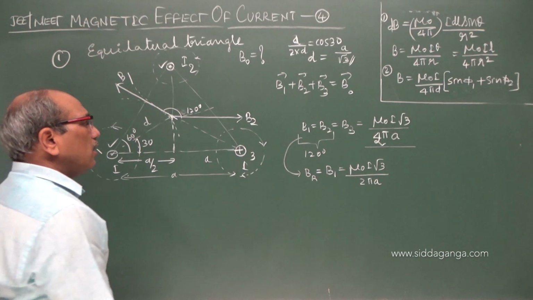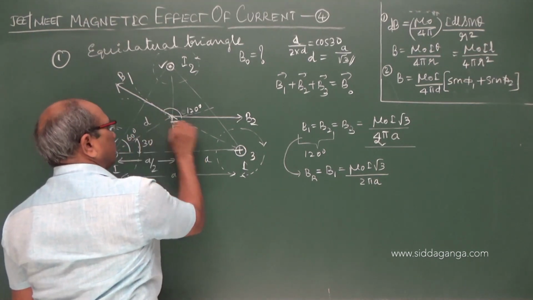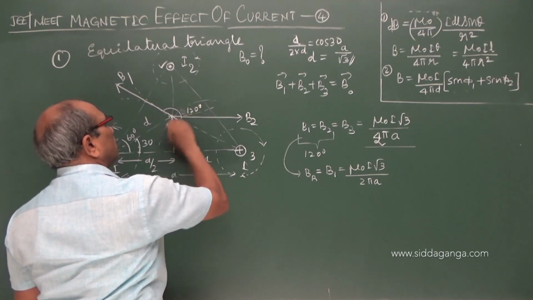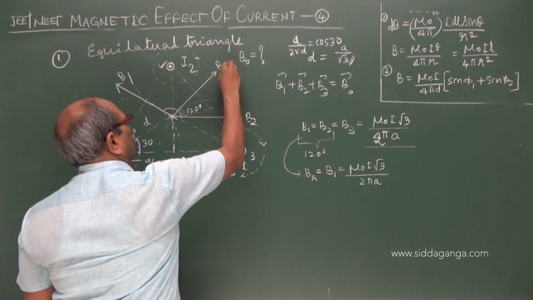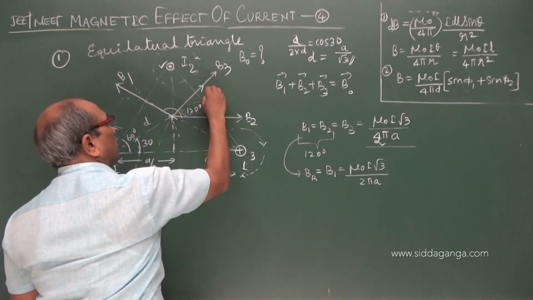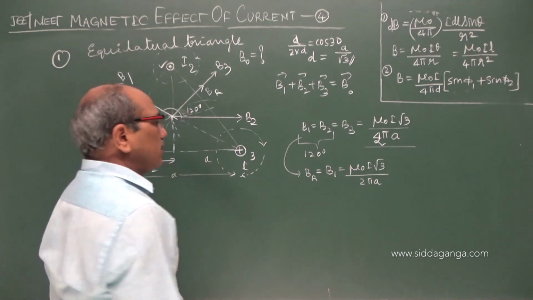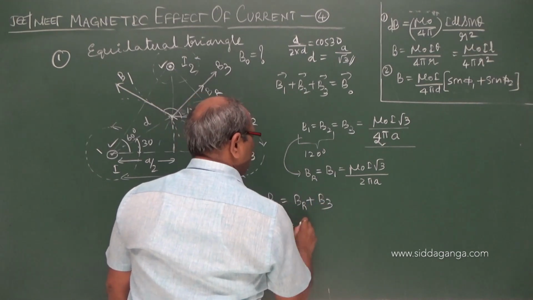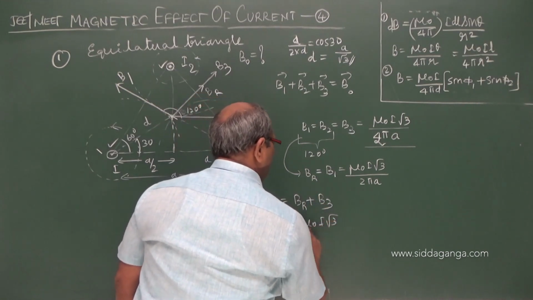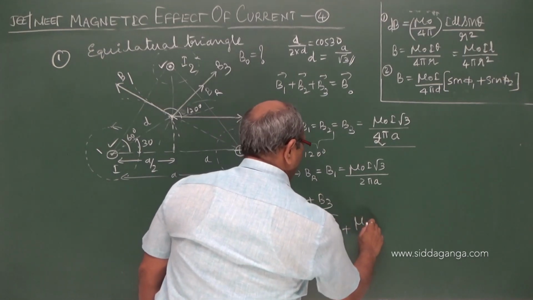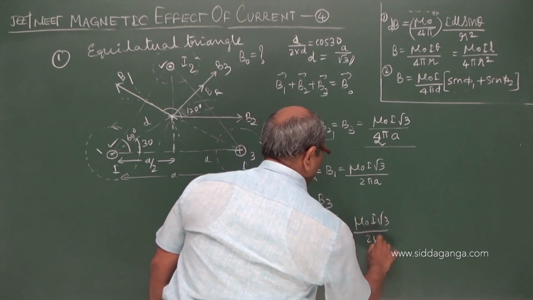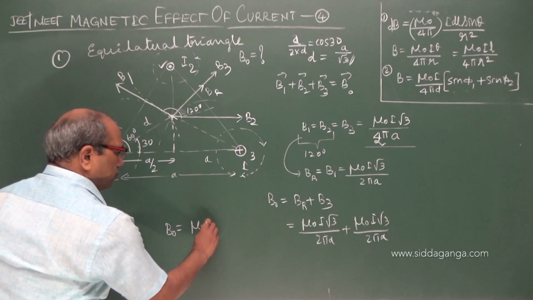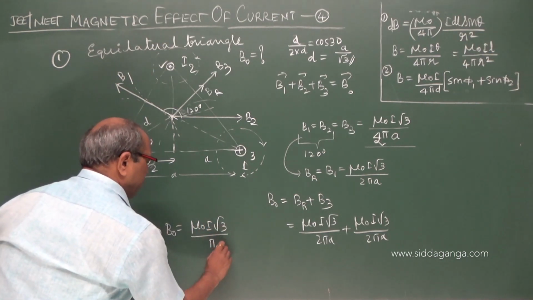Further, for the clockwise one, when I draw the same extension of the curve representing B3, it is also along the bisector of the angle, in the same direction as BR. Therefore B naught can be written as BR plus B3. Both magnitudes are the same: mu naught I root 3 by 2 pi a plus mu naught I root 3 by 2 pi a. The final answer is B naught equal to mu naught I root 3 by pi a.